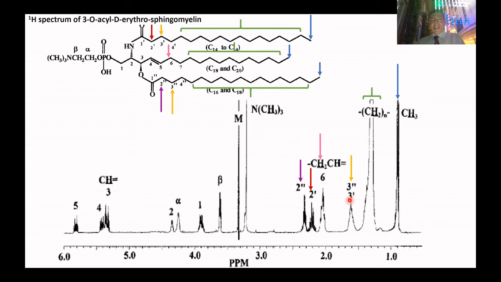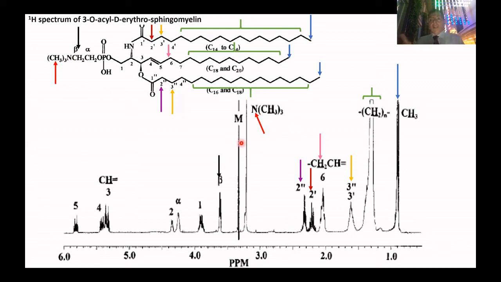So this is a revision of what we have explained before. What is new here is the N-methyl group, which is typical at 3.2. Another is the CH2 attached to the nitrogen. The methyl group attached to the nitrogen is at 3.3, and the CH2 attached to the nitrogen is more deshielded.